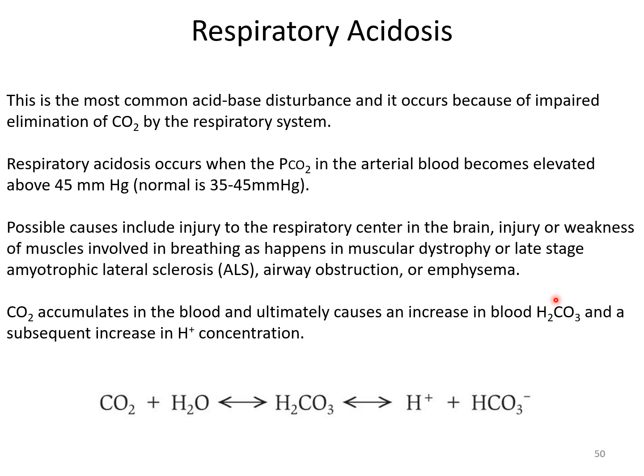If you're not breathing sufficiently, then you're not going to exhale sufficient levels of carbon dioxide. So if you're not getting it out, the CO2 accumulates in the blood, and it ultimately causes an increase in carbonic acid, which leads to a subsequent increase in hydrogen ion concentration. So if we are breathing too slowly or too shallow, we're not eliminating enough CO2, so it increases in the blood.